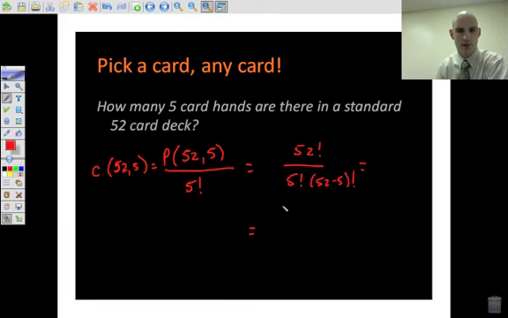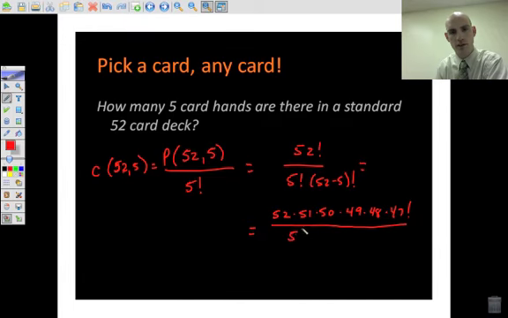Let me bring it down here for a second. 52 times 51 times 50 times 49 times 48 times 47 factorial over 5 factorial, and then this is going to be 47 factorial. I'll cross out things on the top and the bottom that are the same. We end up with 2,598,960.